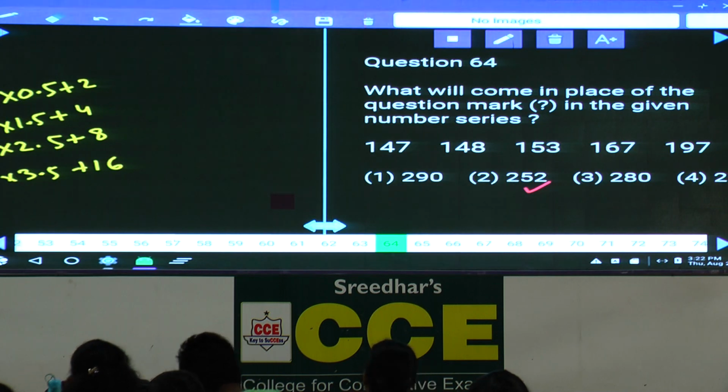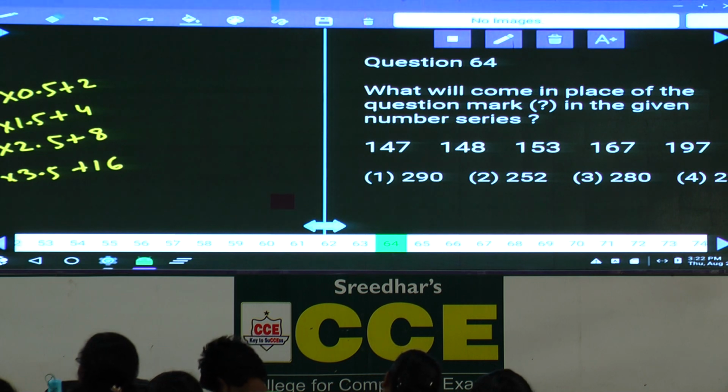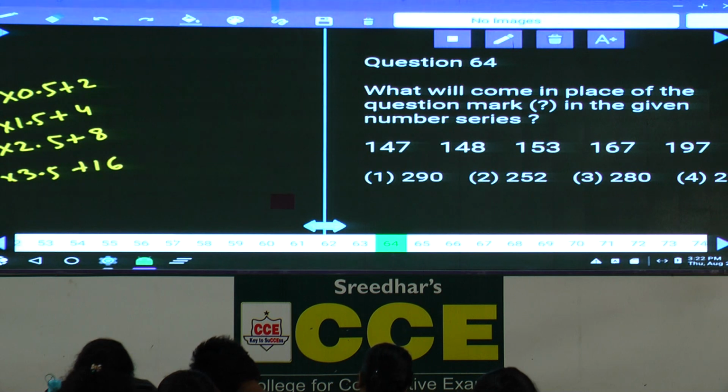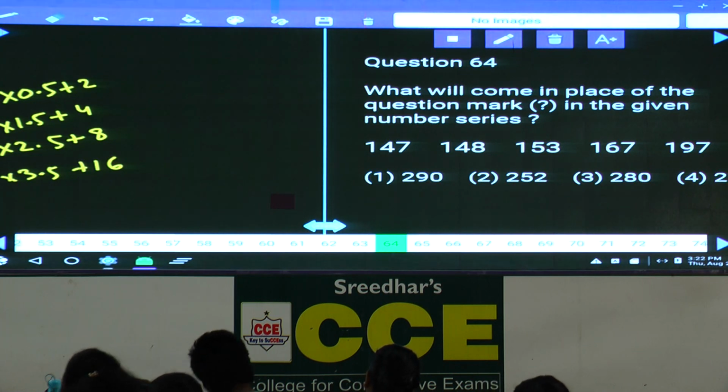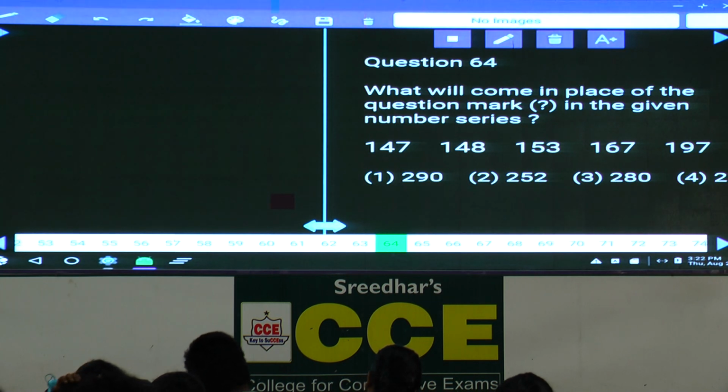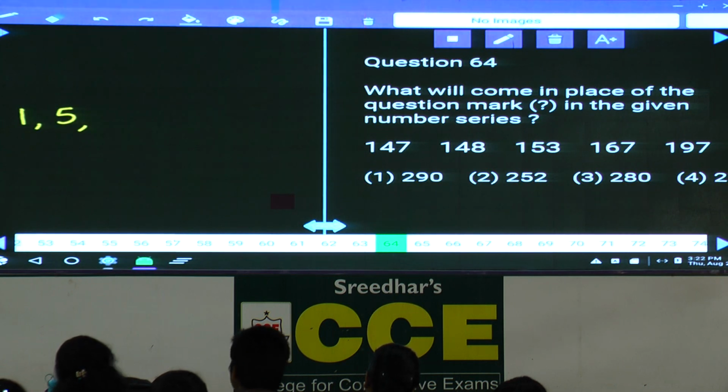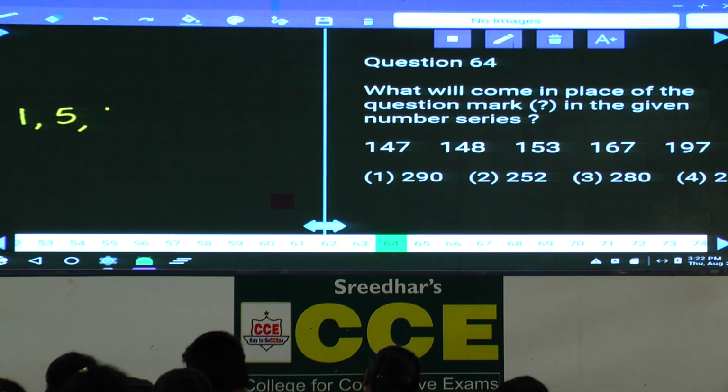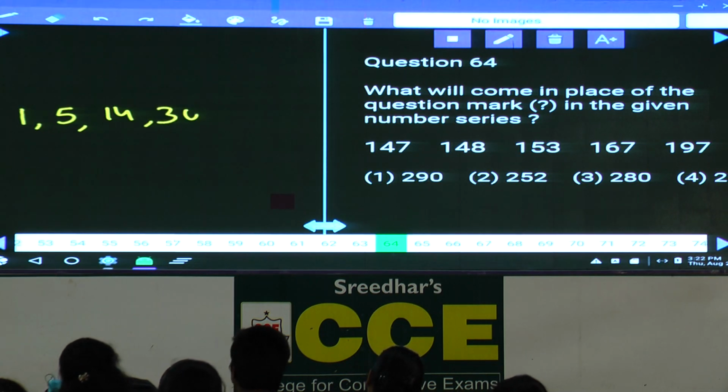63. Then question number 64: 147, 148, 153, 167 and so on. Tell me what is the pattern we need to follow here. Difference, why is it difference? Because the numbers are increasing at a very small rate, and the differences are increasing at a smaller rate. It must be under difference. 1, next one 148 and 153 this is 5, 153 and 167 is 14, next one 167 and 197 is 30. 1, 5, 14, 30.